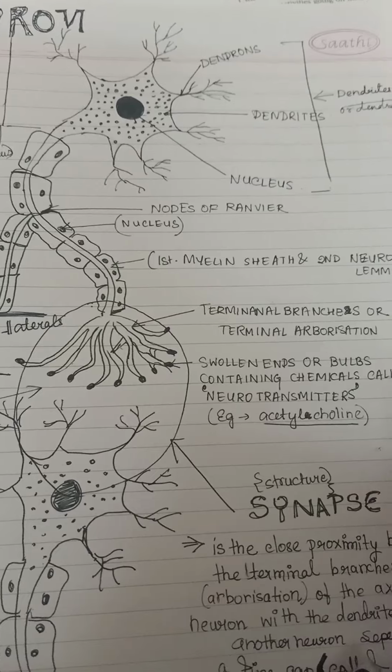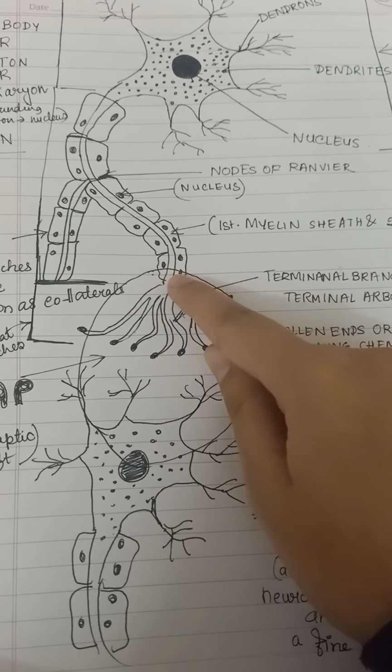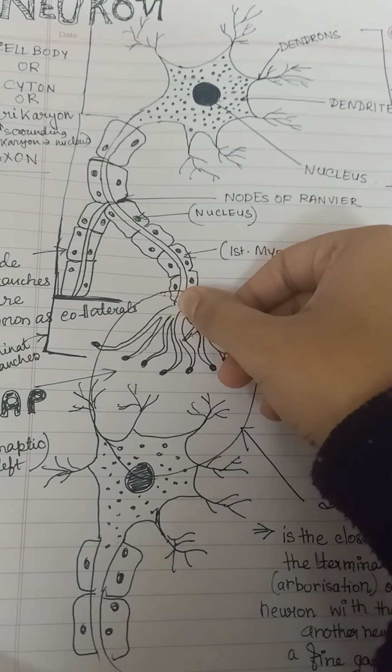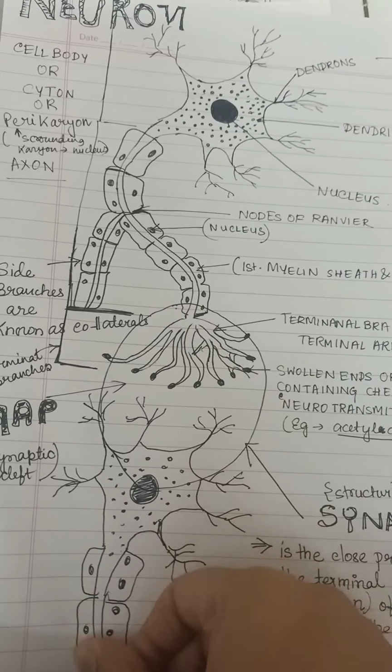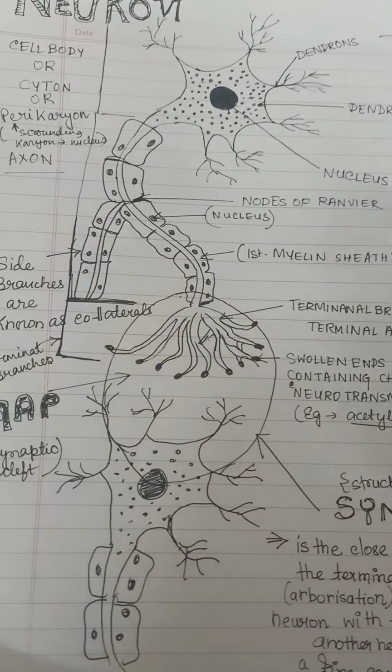The synapse is the structure, that is, the nerve impulse coming from here to this side is the structure which contains this particular thing.